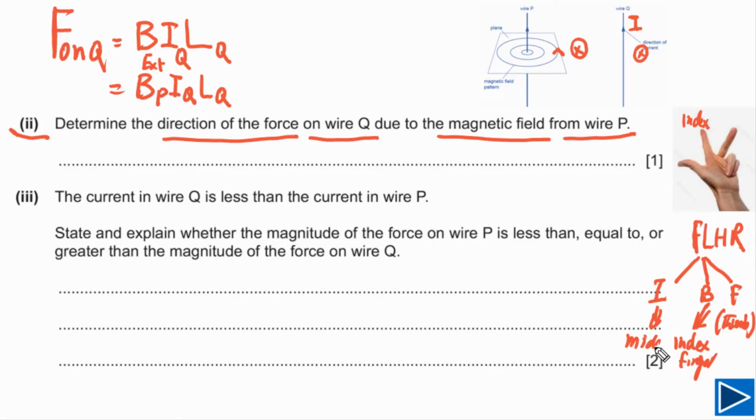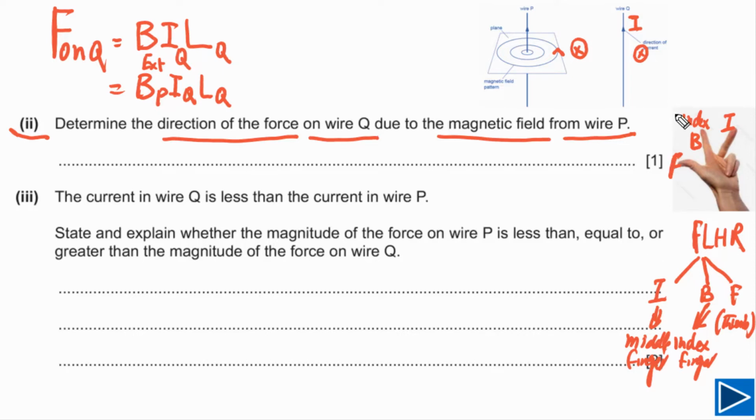So the thumb tells us the direction of force, the index finger tells us the direction of magnetic field, and the middle finger tells us the direction of current if the other two are given.